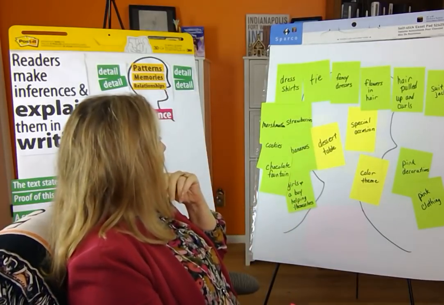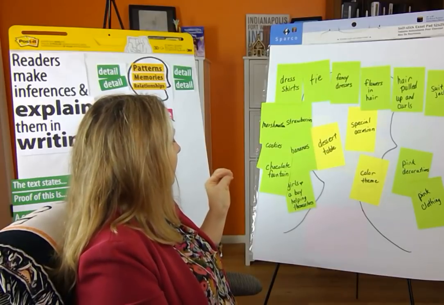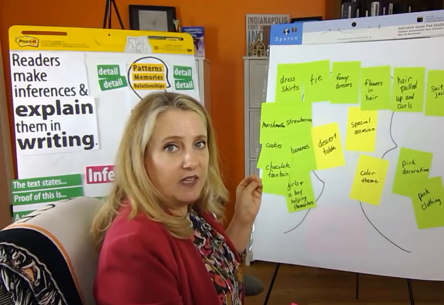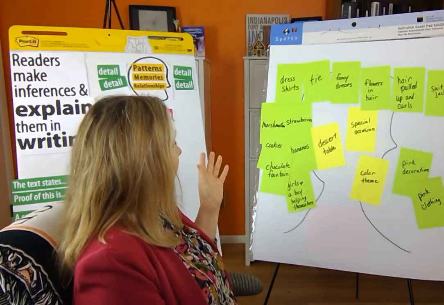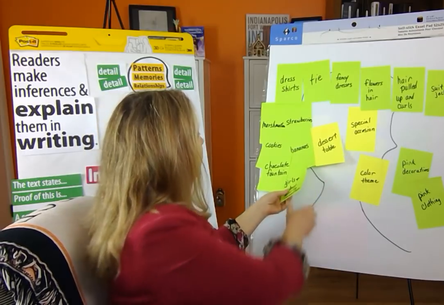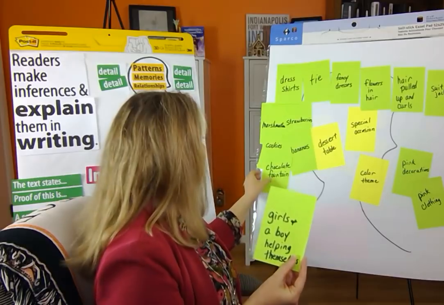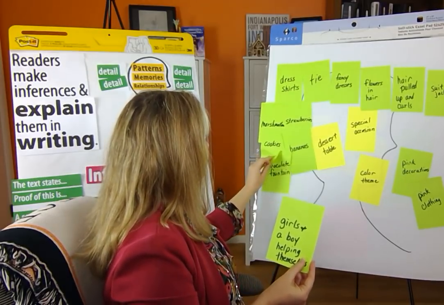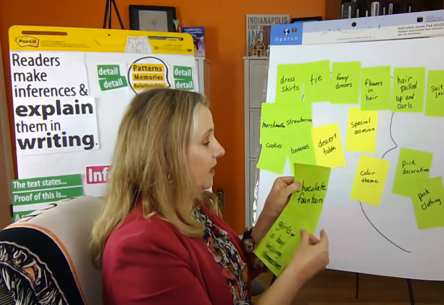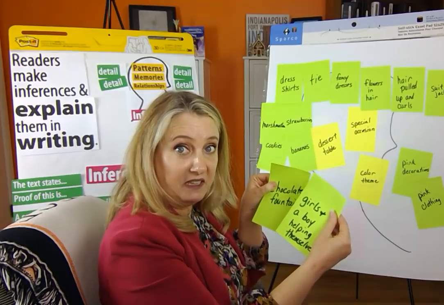So let's look. What would be some of the most important pieces of information that help us understand that it's a wedding? Well, when I start to look at it, one of the things that I picked up on right away was that the girls and the boy, they were helping themselves to the chocolate fountain. Now, that is something that really keyed me into, this is kind of a fancy party, right?